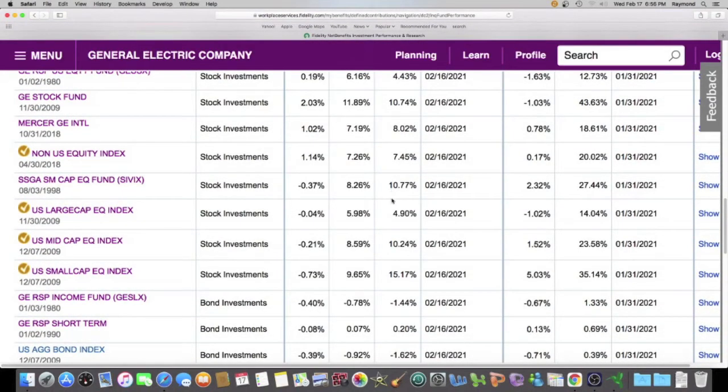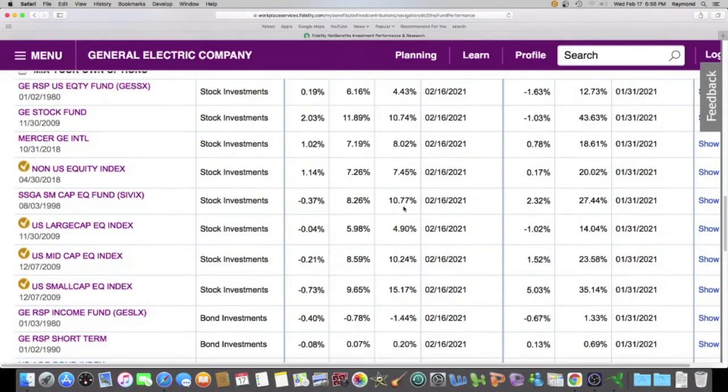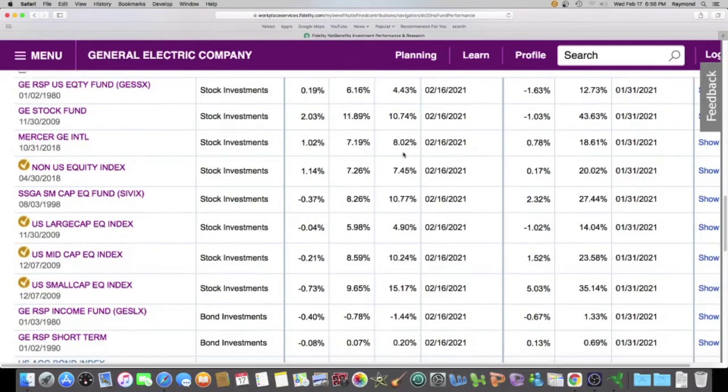So we got a 15.17. This mid cap is 10.24. The large cap is 4.90. And the non-US equity is 7.45. All of these numbers aren't the biggest numbers, but I'm up there. So I could have picked the GE stock fund and I would have been at 10.74.